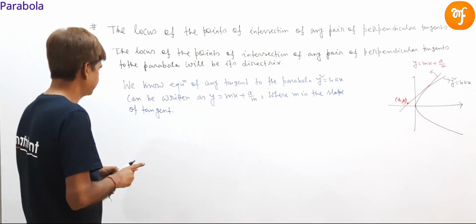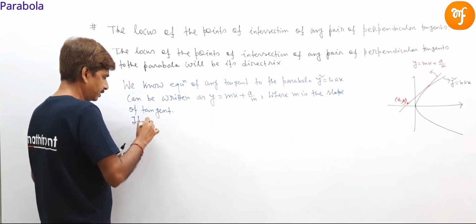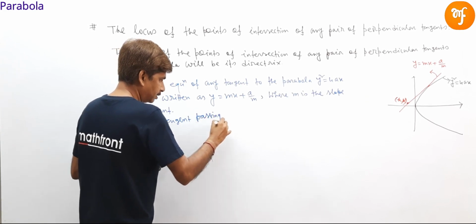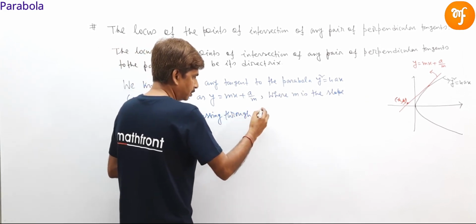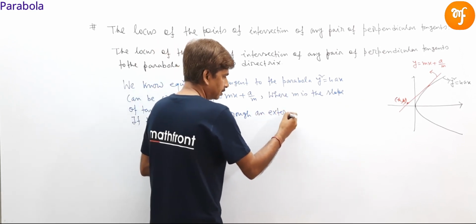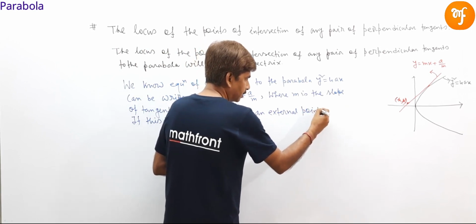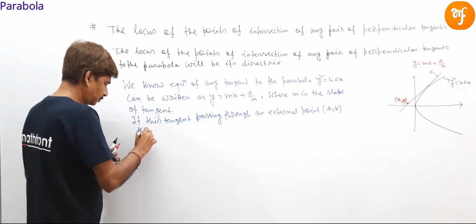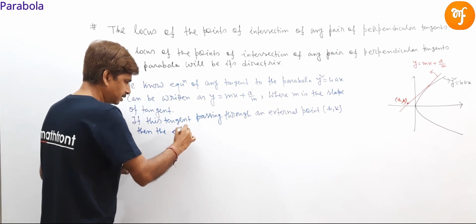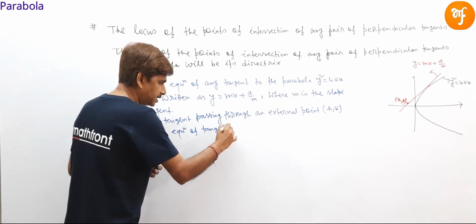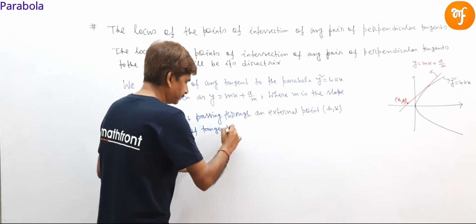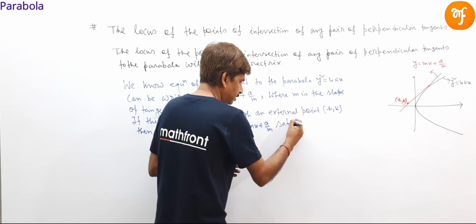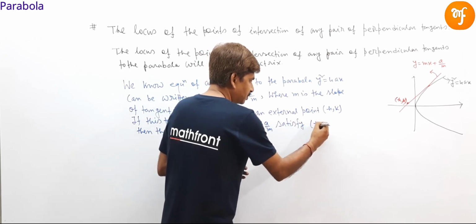So we are writing, if this tangent passes through an external point h comma k, then the equation of tangent is y is equal to mx plus a by m, which satisfies h comma k.